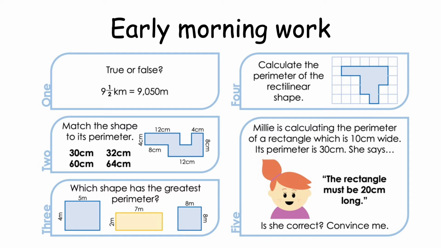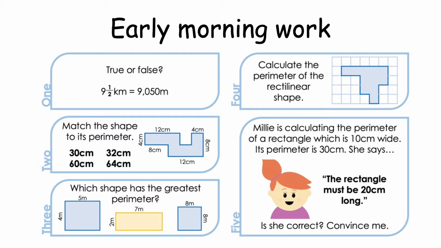Okay, welcome back. So we have number 1, true or false. 9.5 kilometers is the same as 9,050 meters. That is false because 9 kilometers is 9,000 meters and half a kilometer is 500 meters. So the total meters would be 9,500.